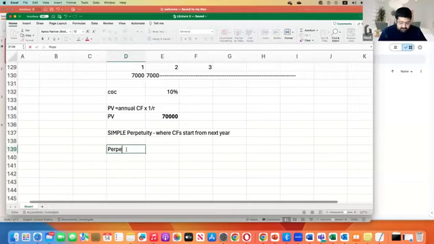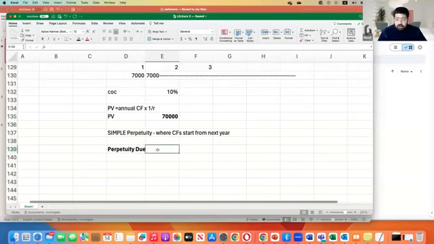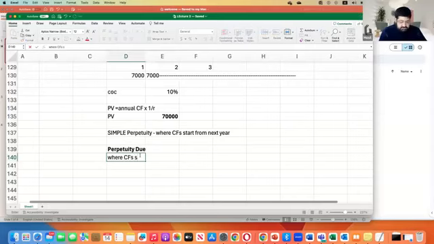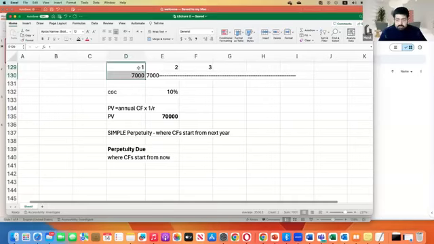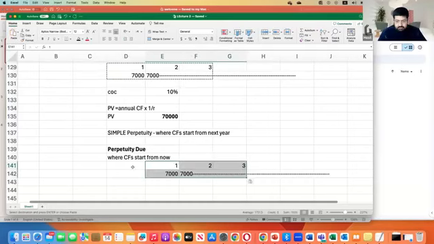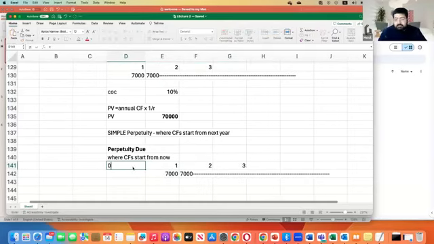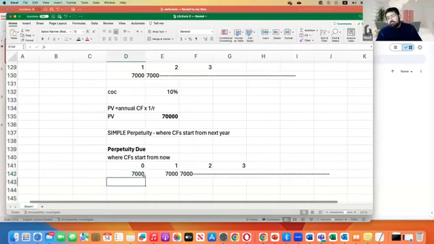Perpetuity due, or in advance, where cash flows start from now, from year 0. Year 0 and 7,000, starting from now.